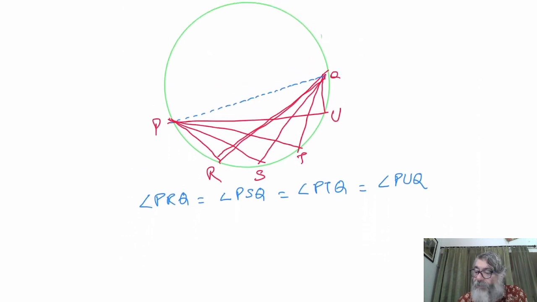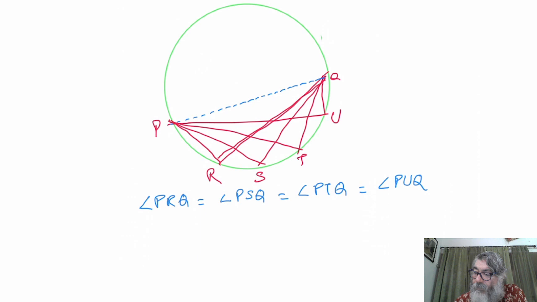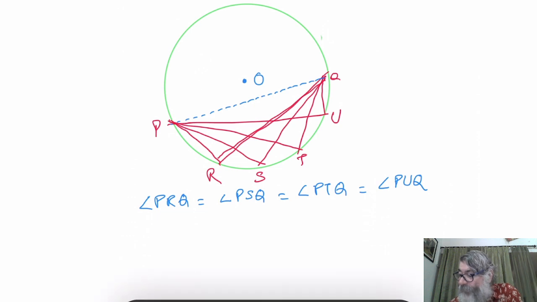Please notice in this, O is somewhere here. This is the minor segment. Angles can be formed in the major segment or the minor segment. It does not matter which segment it is.